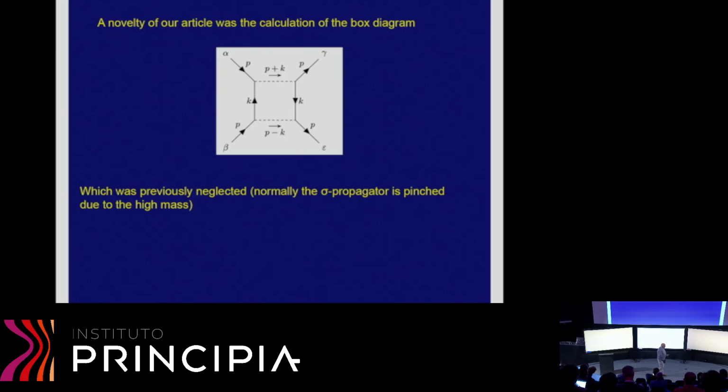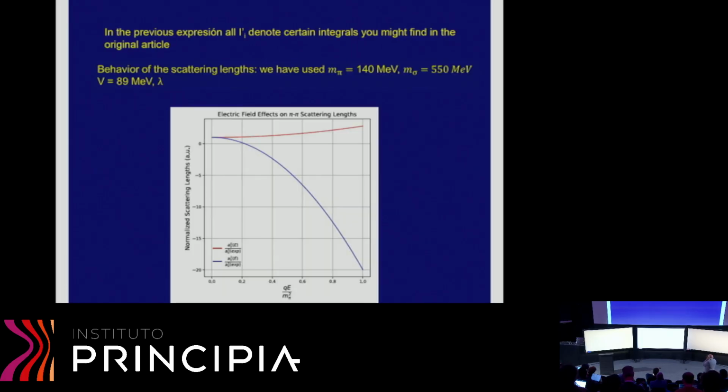If you are interested, you will find all technical details in the reference I mentioned. And this is the result. You see there is a huge effect on the scattering. The blue one is the scattering length in the isospin 2 channel, compared with the small, increasing behavior in the isospin 0 channel. This is as a function of QE, the intensity of the electric field, normalized by the square of the pion mass.